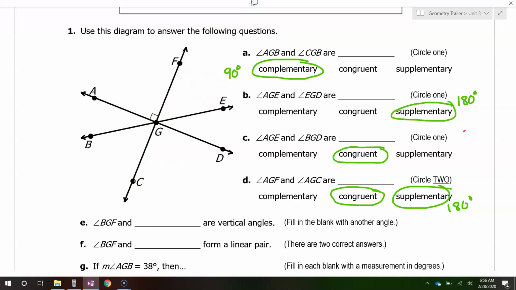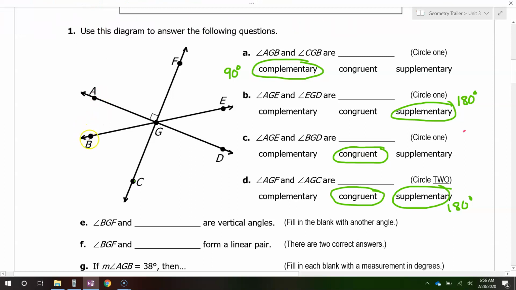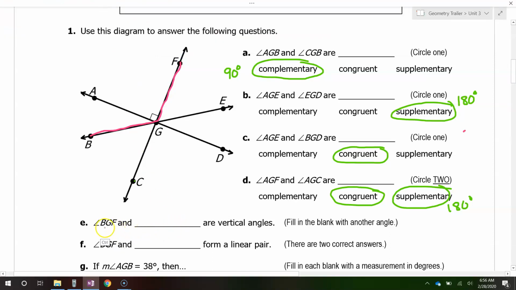All right. Angle BGF. Okay, BGF. Hold on. Let me try that one more time. BGF. Okay, angle BGF and what are vertical angles?